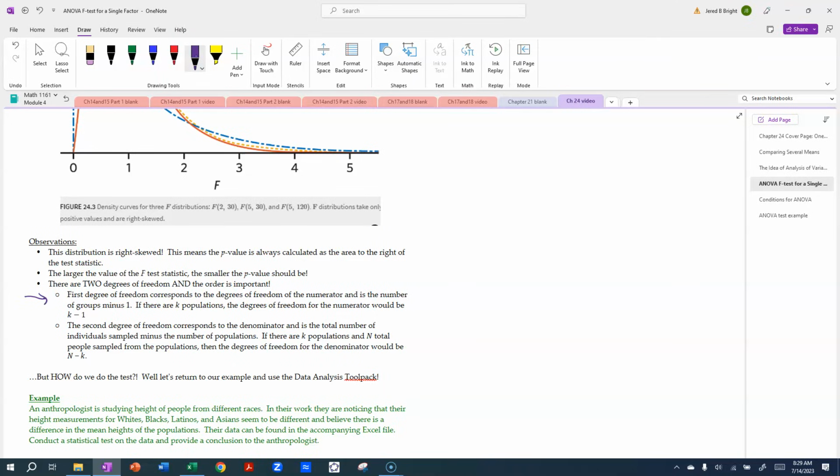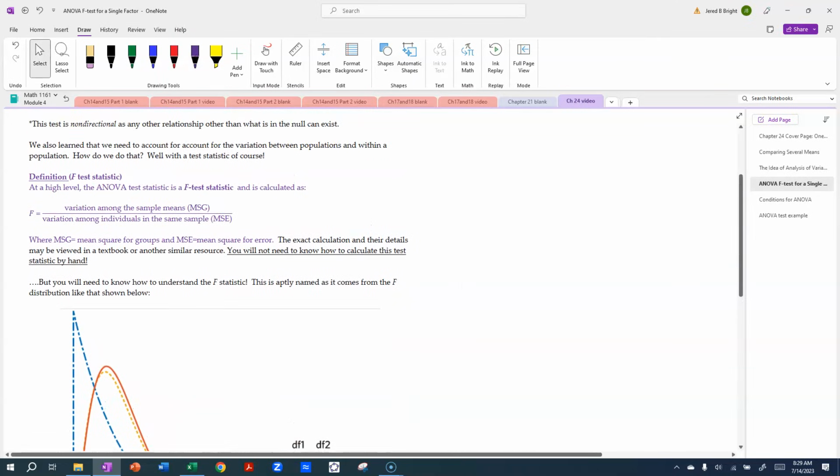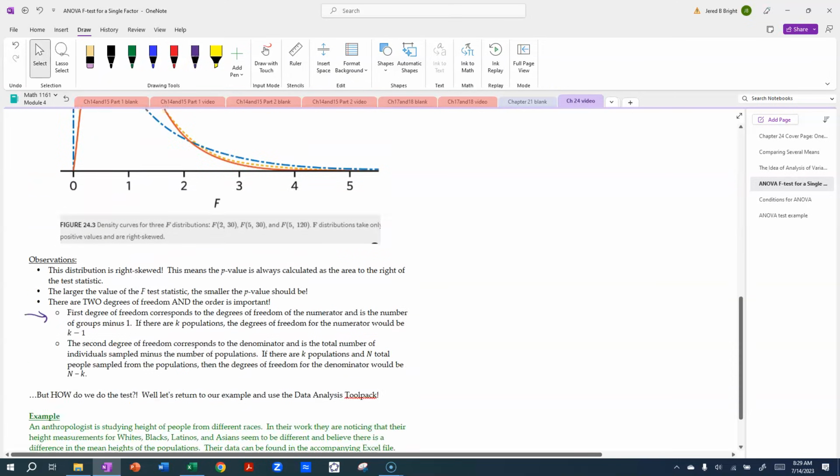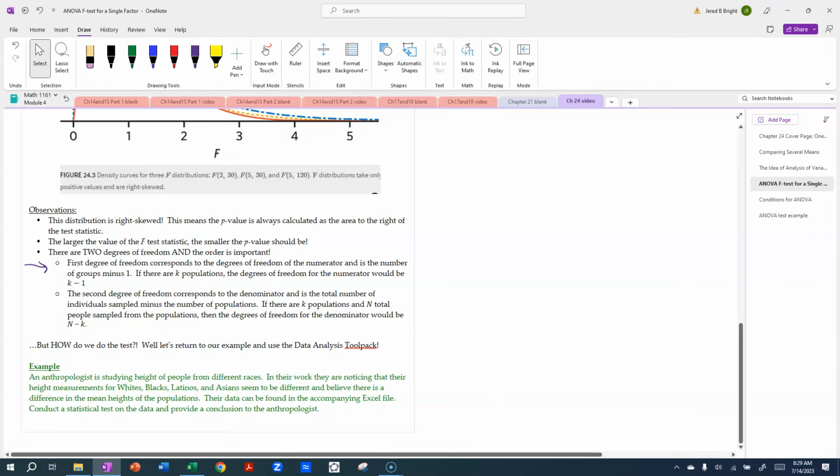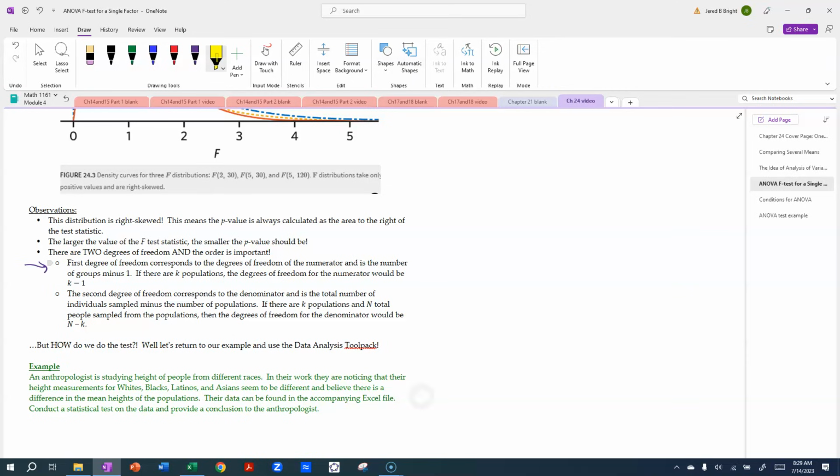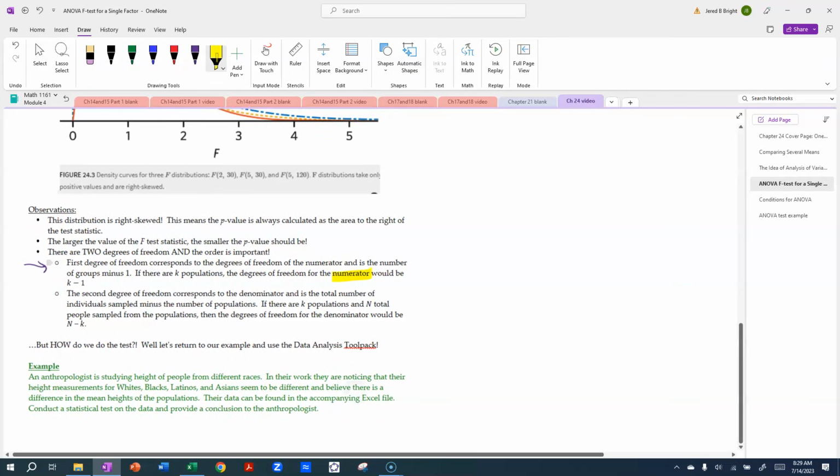It's from the numerator. When we're looking at variation among sample means, among groups, how many groups do you have? However many you have, minus 1, that would be your first degree of freedom. So the numerator is k-1 if you have k groups.